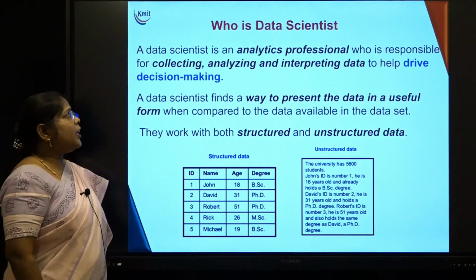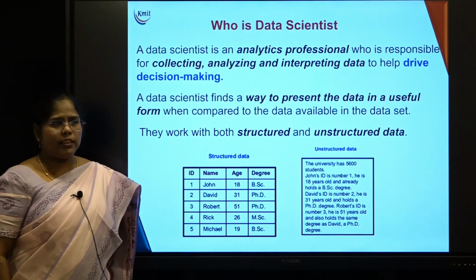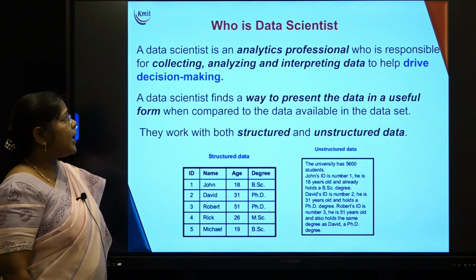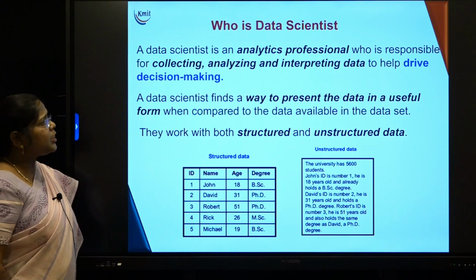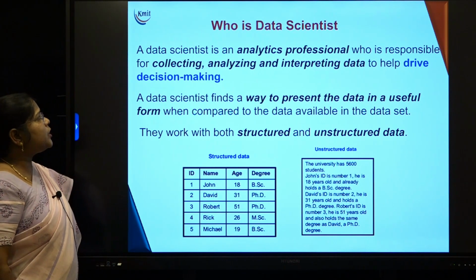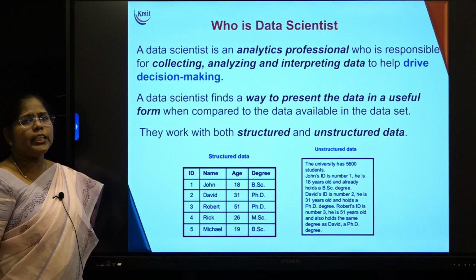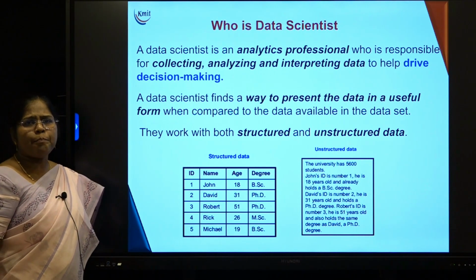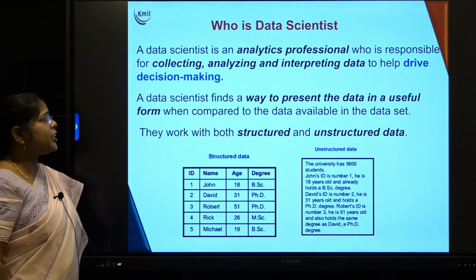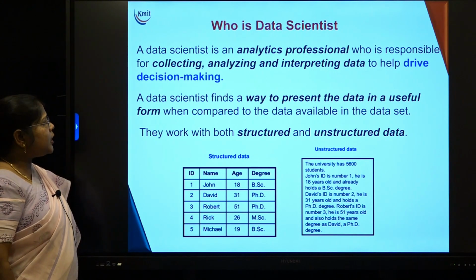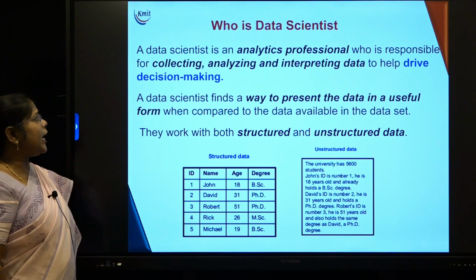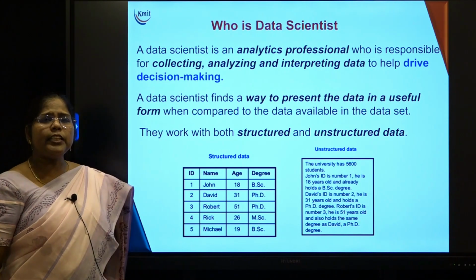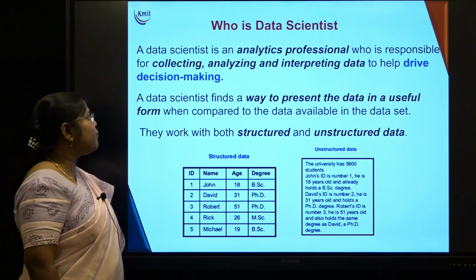Next topic is who is a data scientist? A data scientist is an analytics professional who is responsible for collecting, analyzing and interpreting the data to help drive decision making. In simpler terms, a data scientist finds a way to present the data in a useful form.